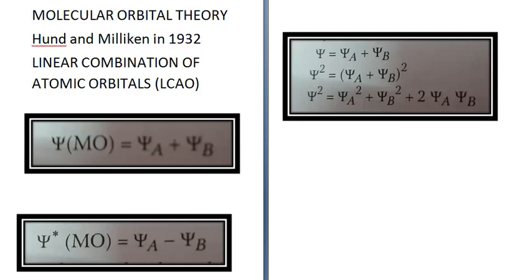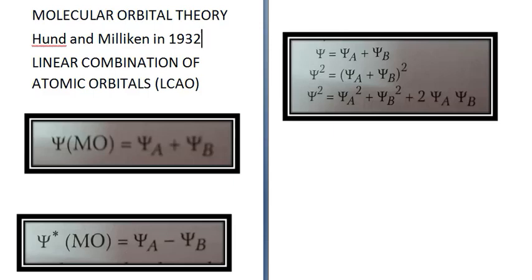Molecular orbitals of a molecule are formed by linear combination of atomic orbitals, by addition and subtraction of the wave functions of atomic orbitals. Atomic orbitals of these atoms can be represented by wave function A and wave function B for the two atoms separately.